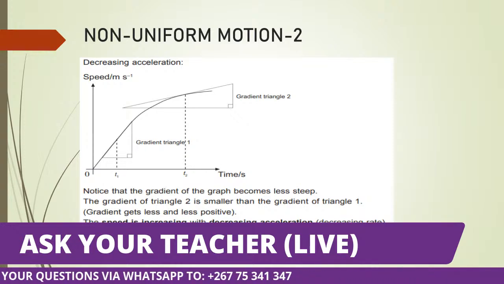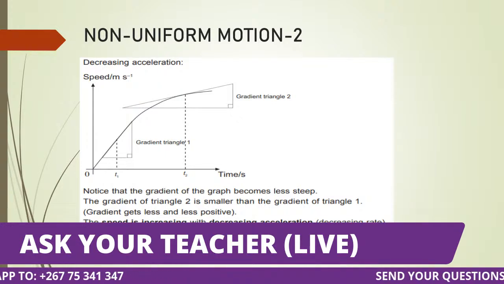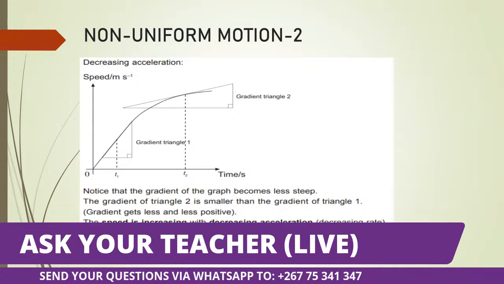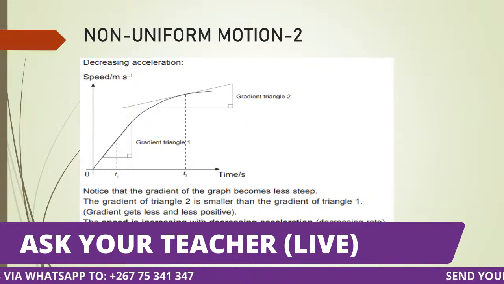You draw a tangent touching that curve at one particular point, which is T1, or at T2 as shown there. Then you calculate your gradient following change in y over change in x.